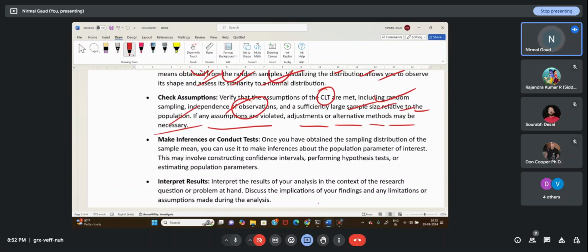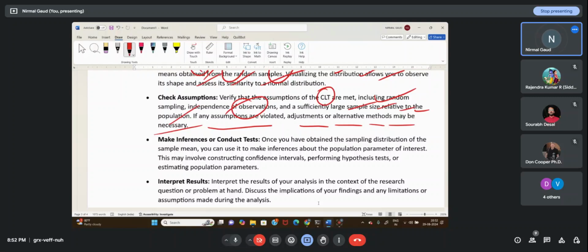The CLT says that if you draw the plot of the sample means, it should look normal. If it is not behaving like a normal, do the adjustment. Again, perform the random sampling. Check the assumptions, and if it is not following, then reperform your task. That's what you have to do.